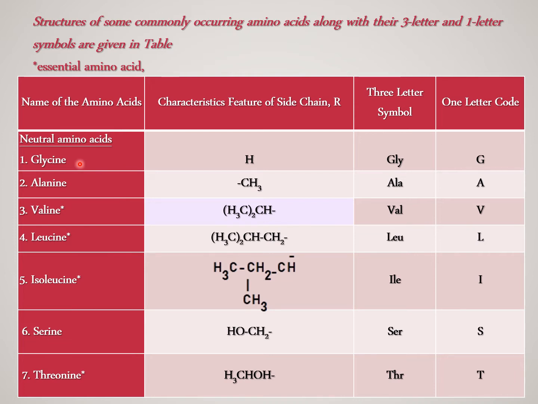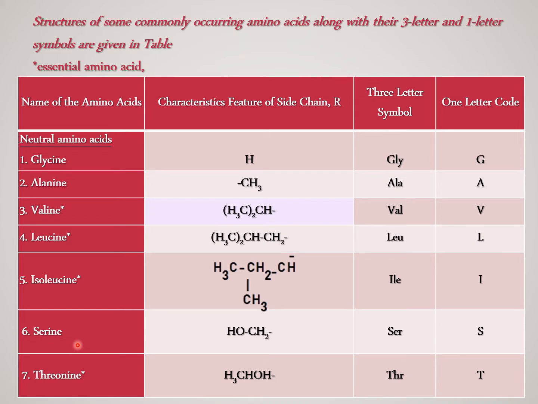So we have so many other amino acids listed here. Alanine, where the R group is a methyl, valine, where the R group is an isopropyl group. Then you have leucine with a long chain of carbon atoms as the R group, and another long chain alkyl group, so on and so forth.